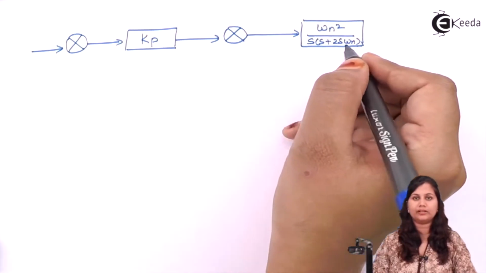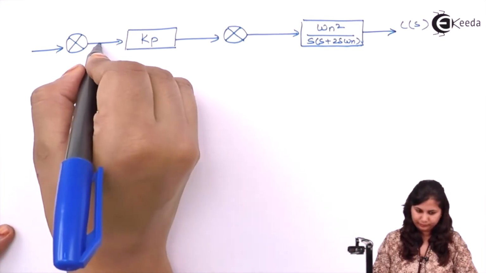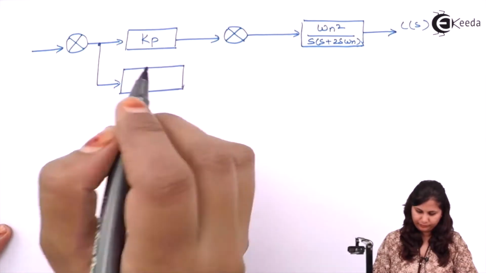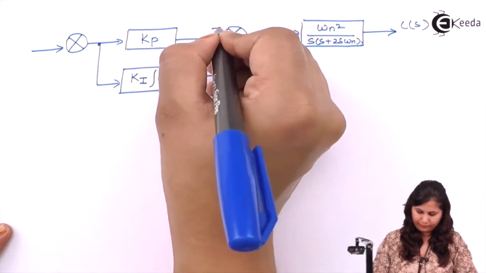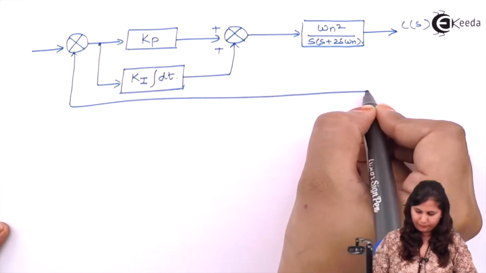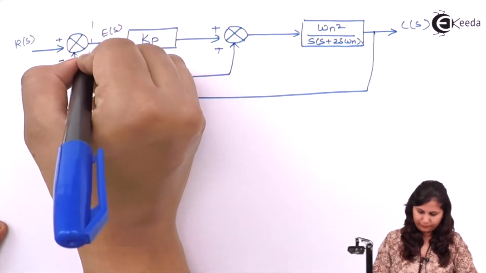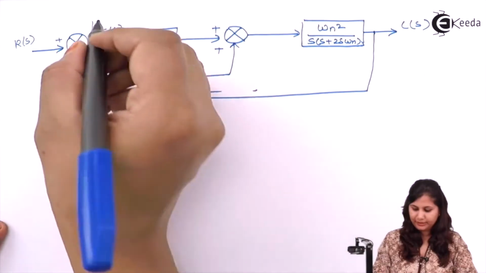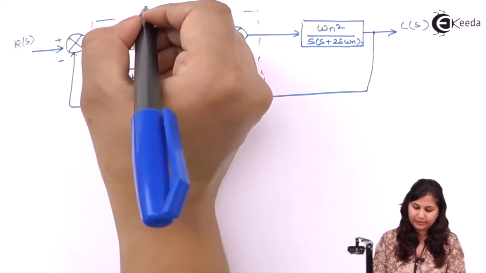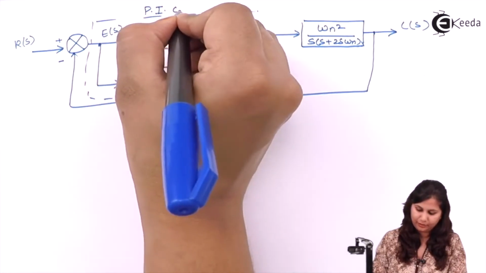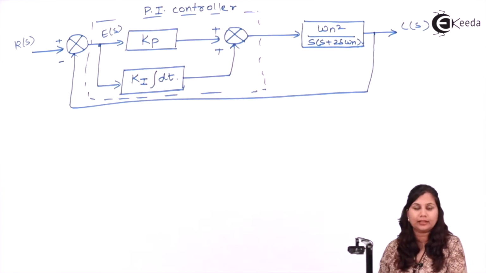Again, we are considering here a second order system. The proportional and the integral controller together are collectively known as the PI controller.